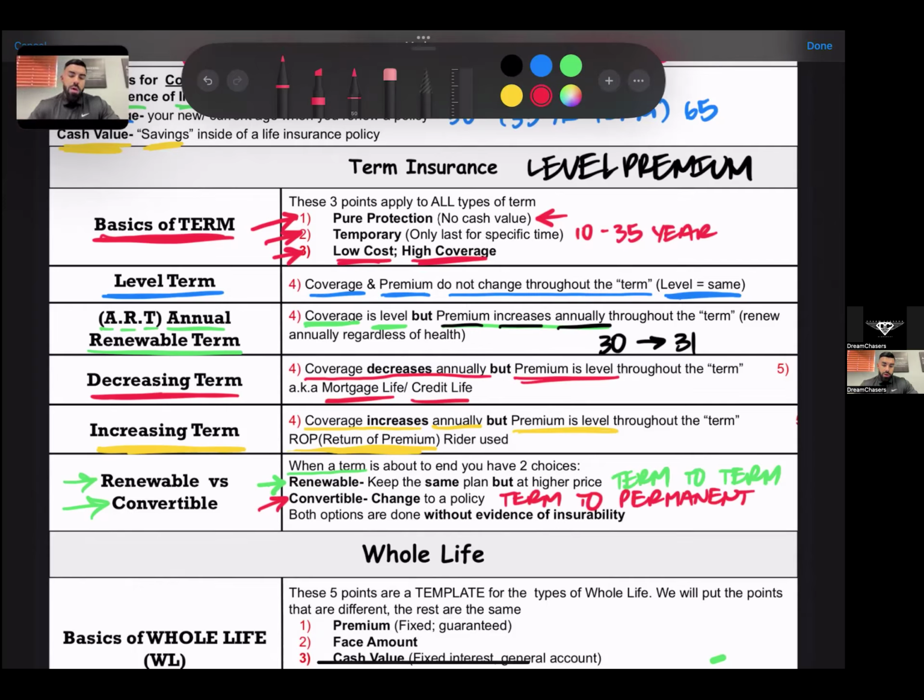Now, renewable, once again, you're renewing from term to term. Convertible is you're converting from term to permanent. And both of these options are done without evidence or proof of insurability. So you do not have to do a blood and urine exam in order to be able to renew it or to be able to convert it.